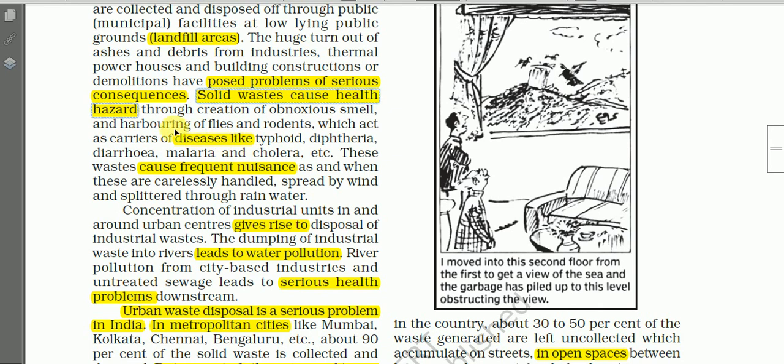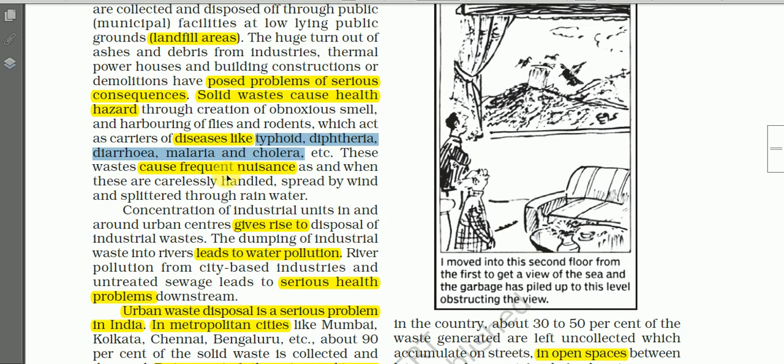Solid wastes cause health hazards through the creation of an obnoxious smell that is very irritating, unwanted smell, and harboring of flies and rodents, mice, which act as carriers of diseases like typhoid, diphtheria, diarrhea, malaria, cholera, etc. These are the effects of solid waste disposal on human health and on the environment.